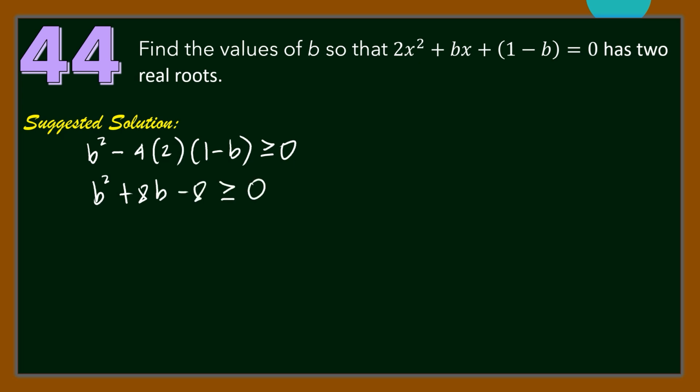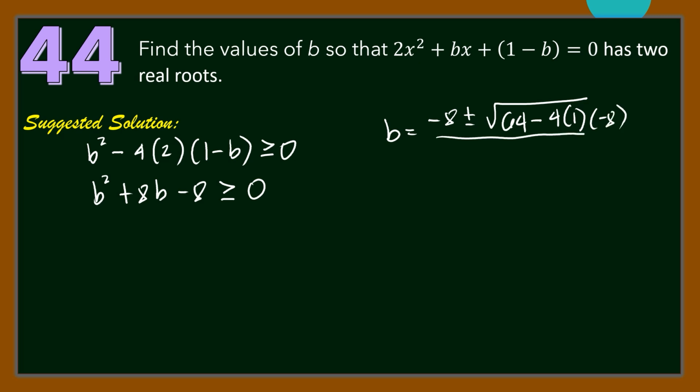Let us use the quadratic formula to find the roots of this quadratic equation in b. So we have b is equal to negative of 8 plus minus square root of 64, that's 8 squared, minus 4 times 1 times negative 8 all over 2 times 1.